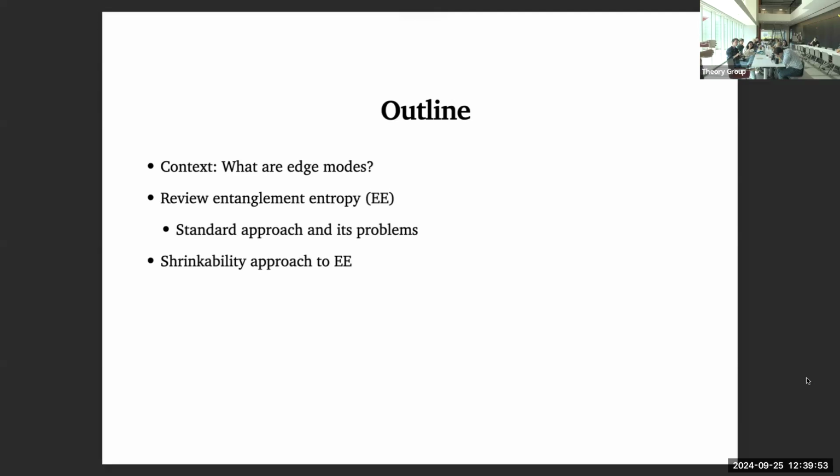Then give an alternative approach to computing entanglement that works for both scalars and gauge theories just the same. So sort of a unified paradigm. Yeah, and then I'll get into the specifics of how we managed to do it for Maxwell theory.